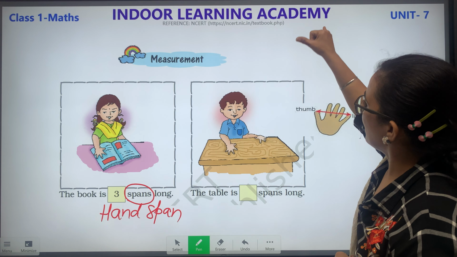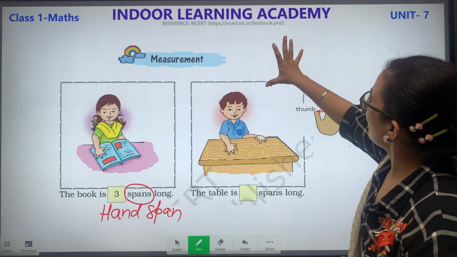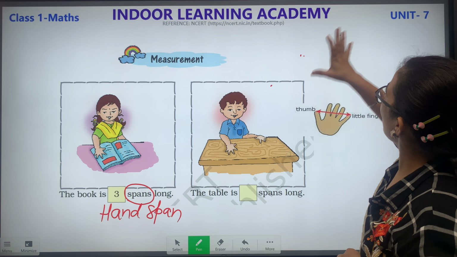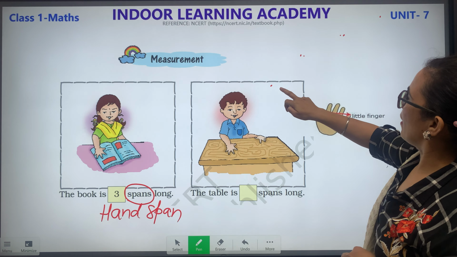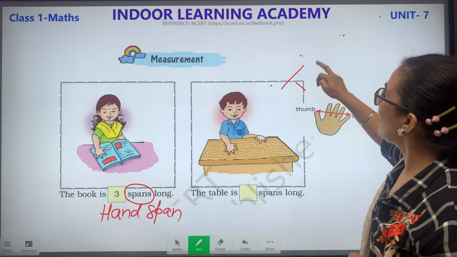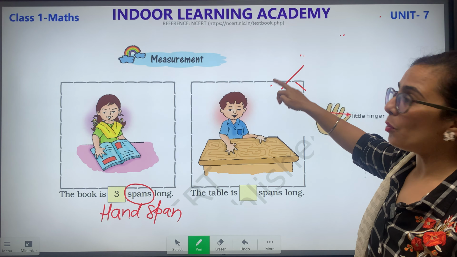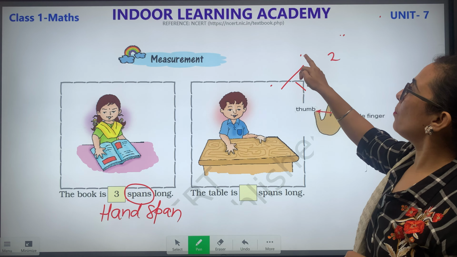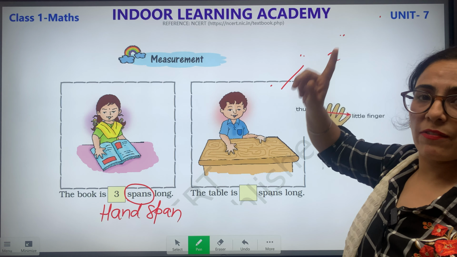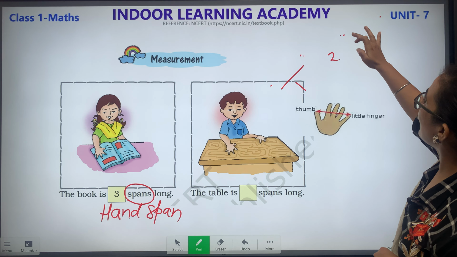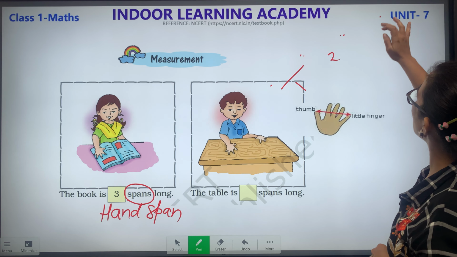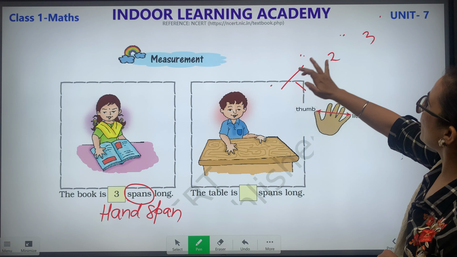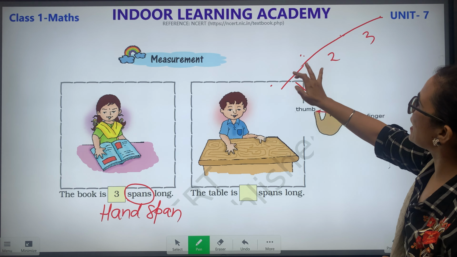See, this is 1 span, this is 2 span and this is 3 span. Distance from my thumb to little finger is 1 span. Again, distance from thumb to little finger is 1 span. Then again, it is 1 span. So ये जो length है, this is 3 span long.